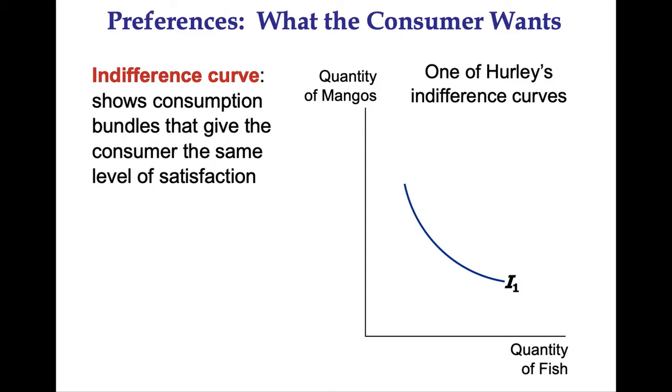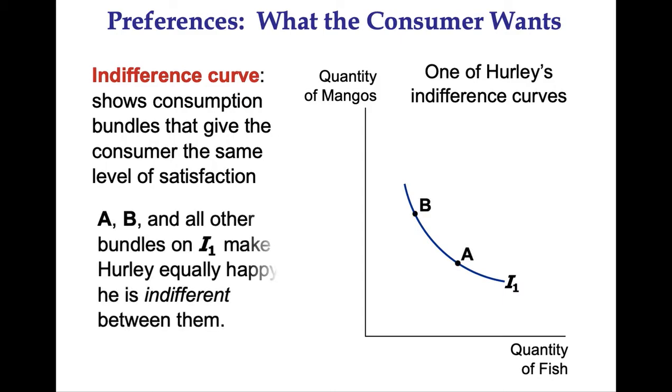level of satisfaction. For example, here we have 2 points, A and B. All other bundles on this curve I1, which we call the indifference curve, make our consumer equally happy.